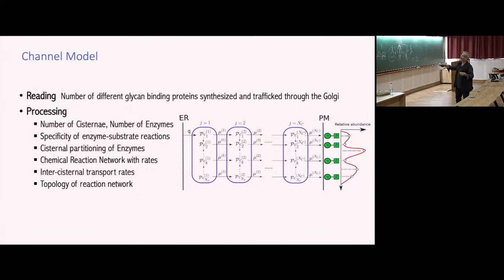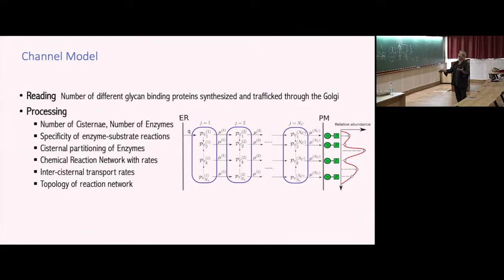One should also be able to partition, because the different cisterna carry different enzymes. So you need to partition the enzymes in different ways. The many ways of partitioning NE enzymes in NC cisterna, the combinatorial problem, will be one of the elements of the optimization. Once you have partitioned enzymes, you have substrates, and you've declared the specificity, you have to talk about the chemical reactions that happen.